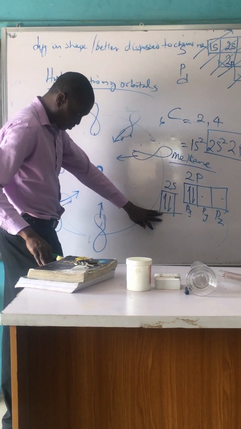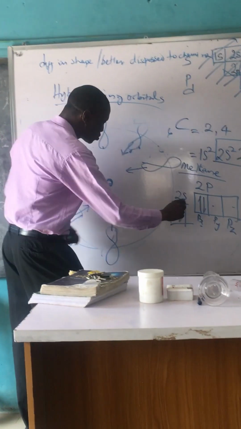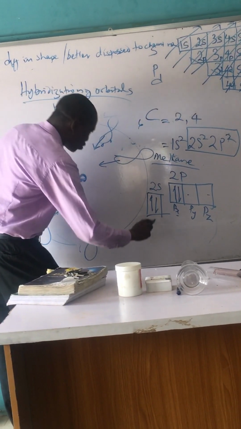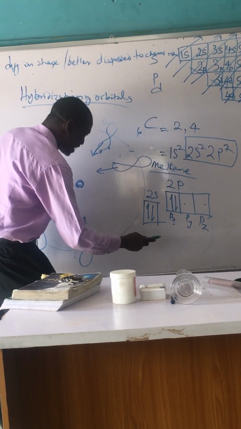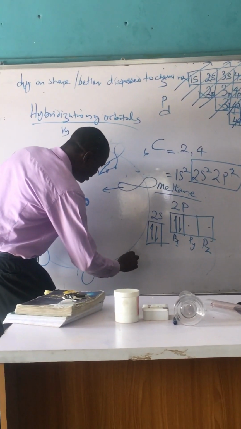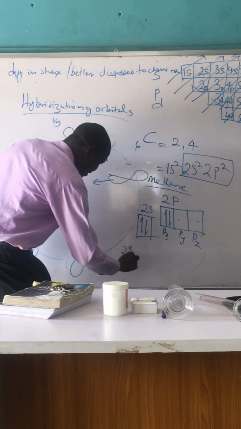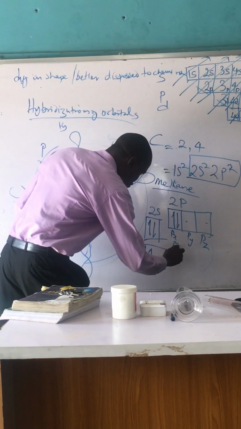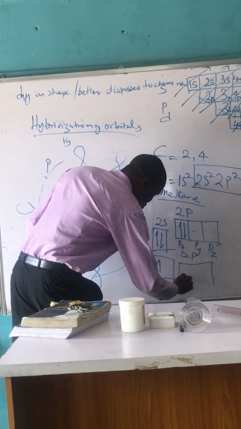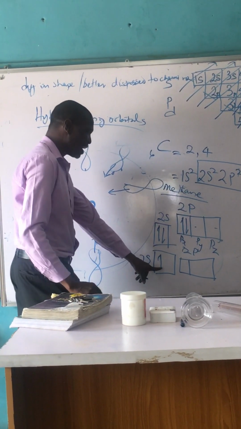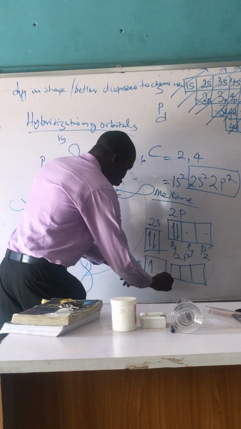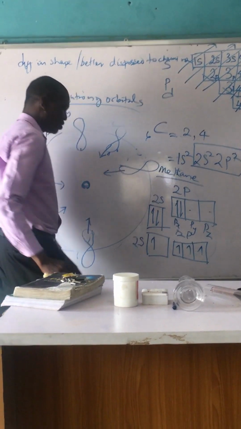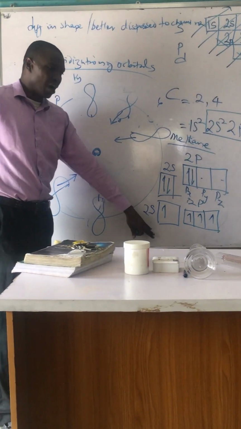So now, when they get to the excited state, you are not going to have this. In the excited state, one electron of the 2s orbital will be pulled, transferred to the vacant 2p orbital. So this is what now obtains.